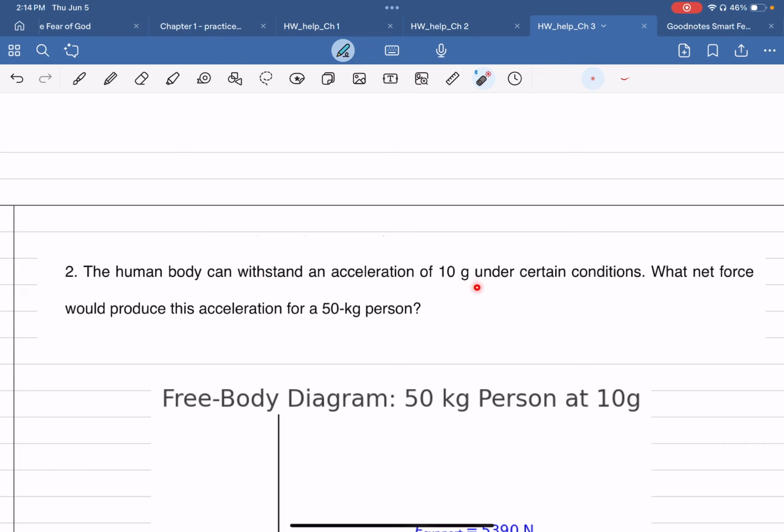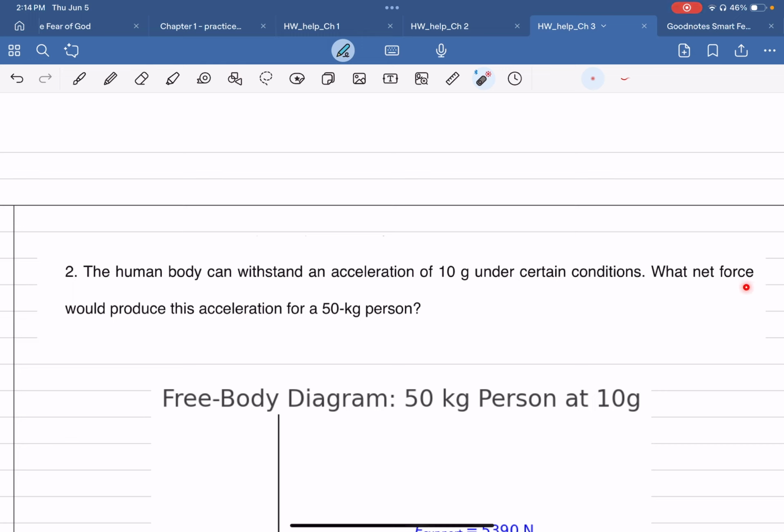What do you mean by 10g? We know g is 9.8 meter per second squared, don't we? So 10g is simply 10 times 9.8, which is 98 meter per second squared. That is the acceleration that a human body can withstand.